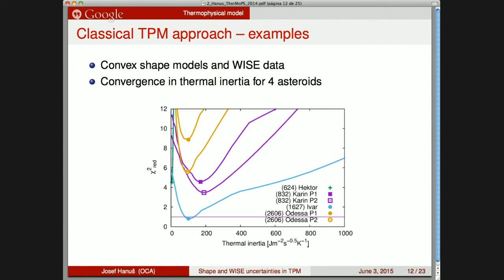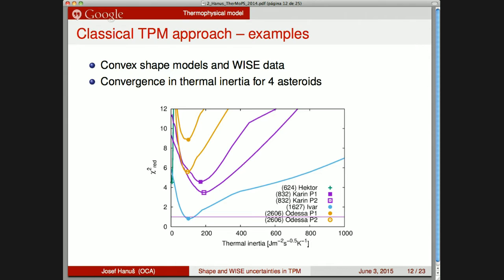And Karin and Odessa also have a relatively narrow, prominent minimum in the thermal inertia. However, note that the reduced chi-square values are relatively large, so it seems that the fit is not perfect.